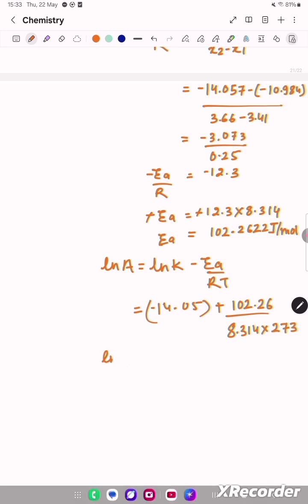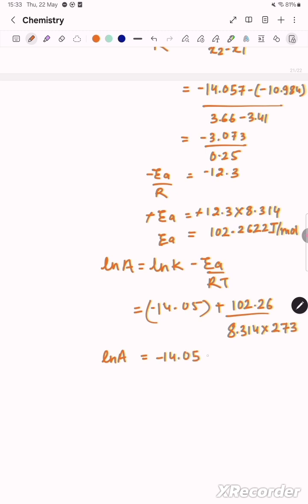So ln A will become minus 14.05 plus 0.0450, and ln A value will become minus 14.005.